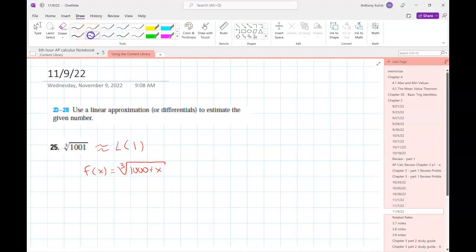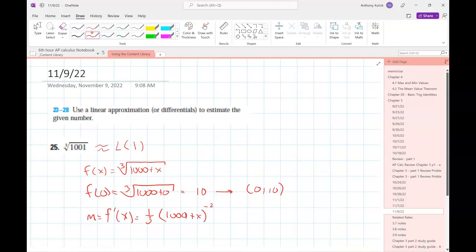All right. So to build my tangent line, I need a point. So the point I'm going to use is 0, 10. And then I need a slope. So the derivative of that, I'm going to think about it as 1,000 plus x to the 1/3. So it's 1/3 times the inside to the negative 2/3 times the derivative of the inside.